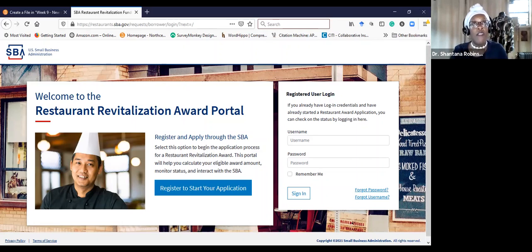Think of median income levels, and that will tell you in most cases whether or not your business is physically located in a HUBZone. However, when you apply, they ask you for the zip code of your business location, and when you put it in and hit enter, it will say HUBZone qualified or not HUBZone qualified. But that's what HUBZone actually is.